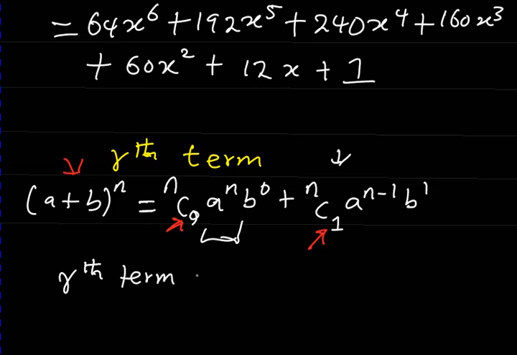So generally, to find any term, the rth term of an expansion is given as n combination r minus 1, since r is the term but it is reduced by 1.